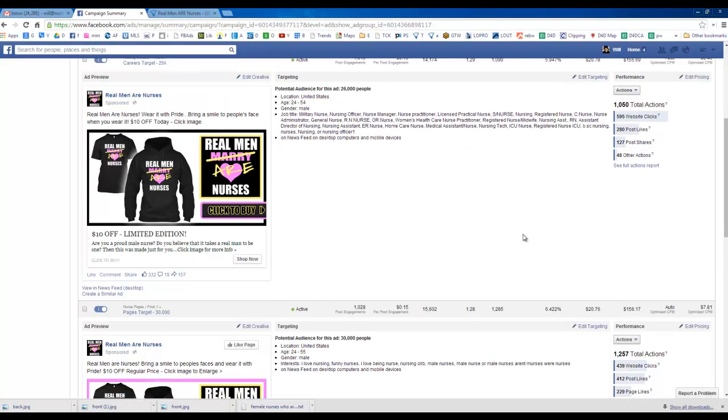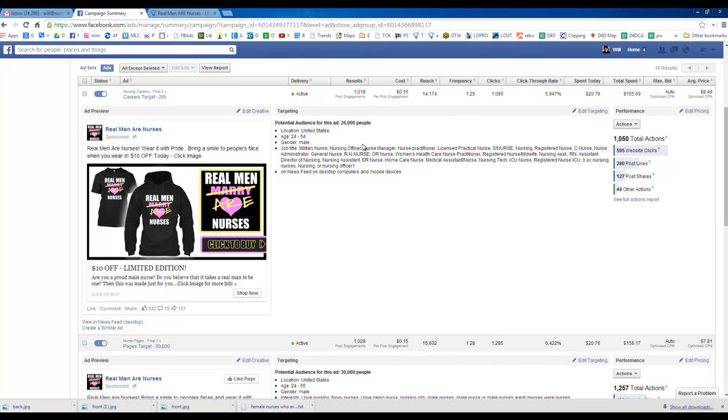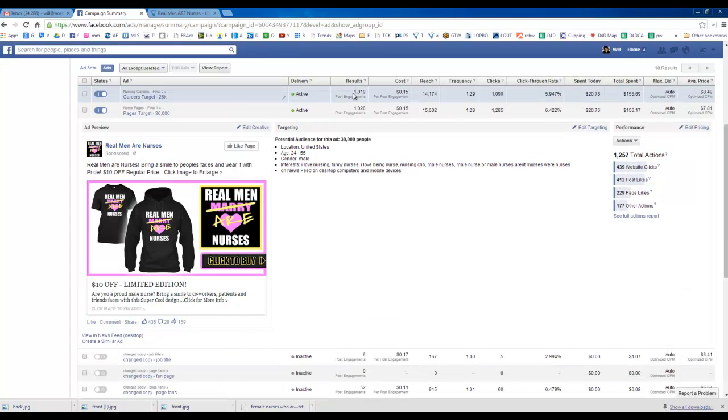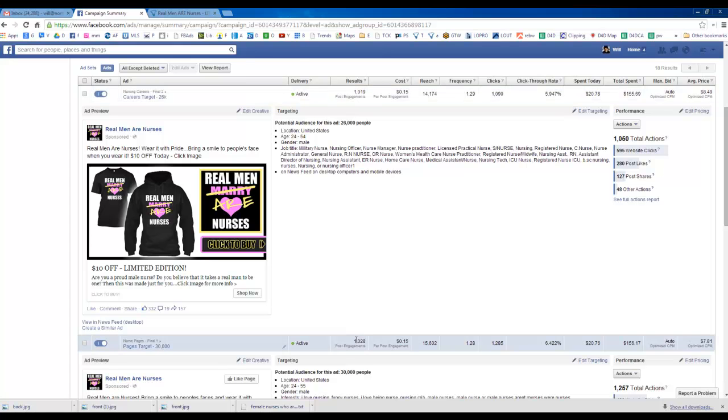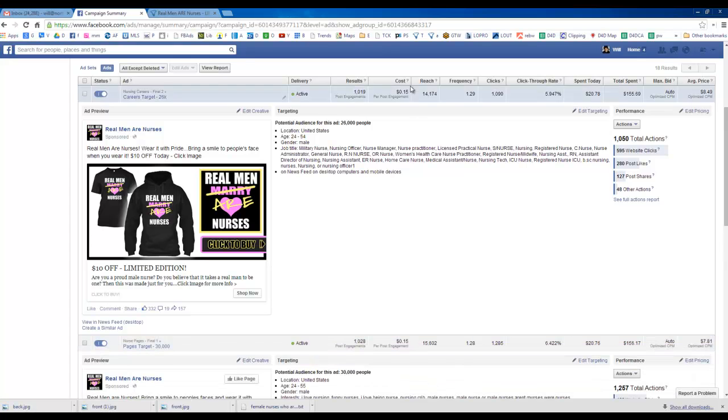even though I believe our reach is about this. Wow, they're running like neck and neck. Look, 1,019 here, 1,019 there, and 1,028 here. 15 cents and 15 cents. 15,000 reach, 14,000 reach, 15,600 actually.